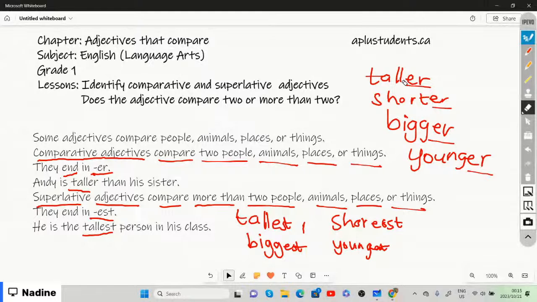All right. So there we have a comparative adjective and we have a superlative adjective. And we once again said with comparative adjectives, we compare two people, animals, places, or things. We made an example: Andy is taller than his sister.